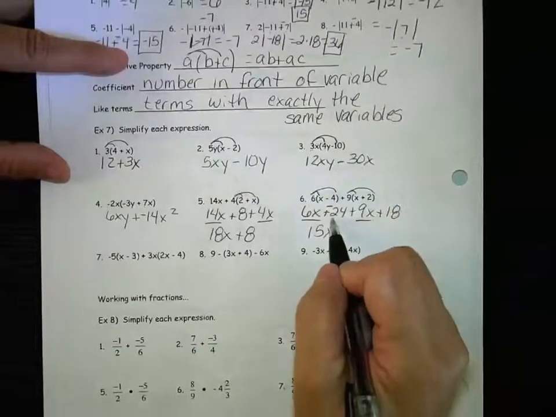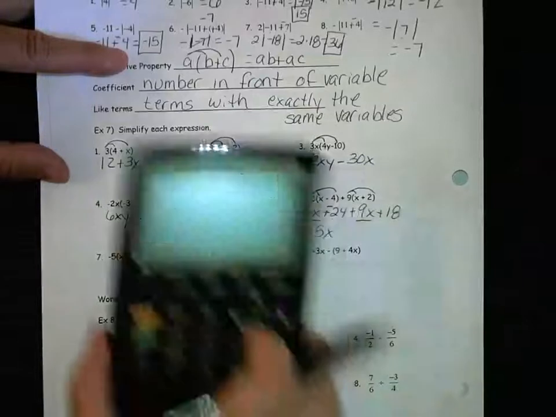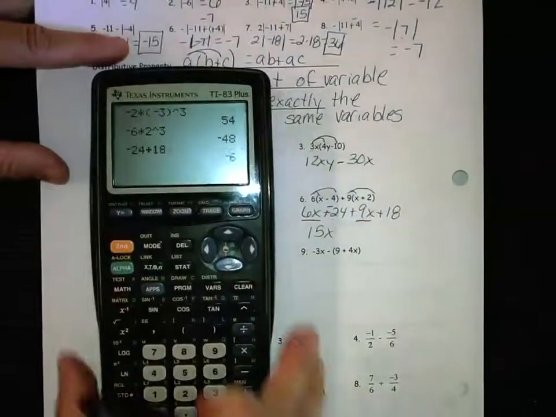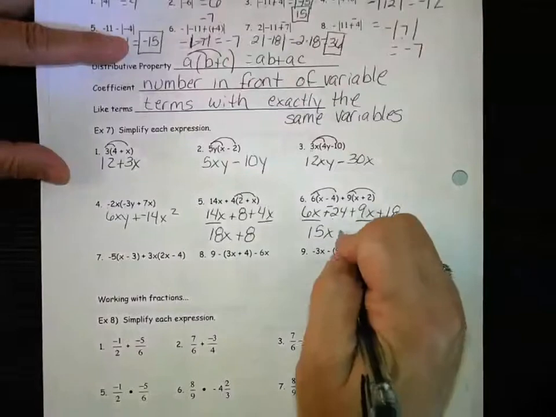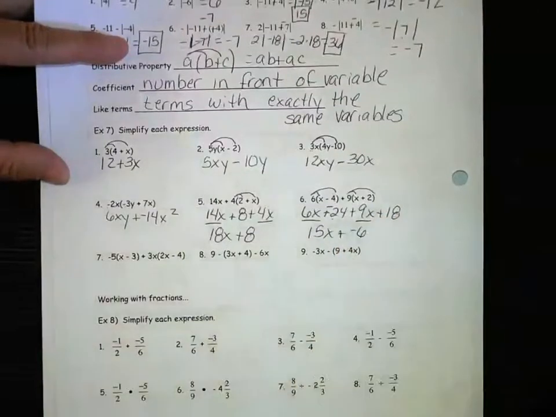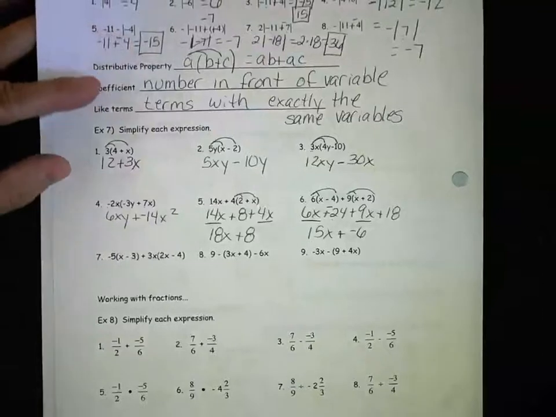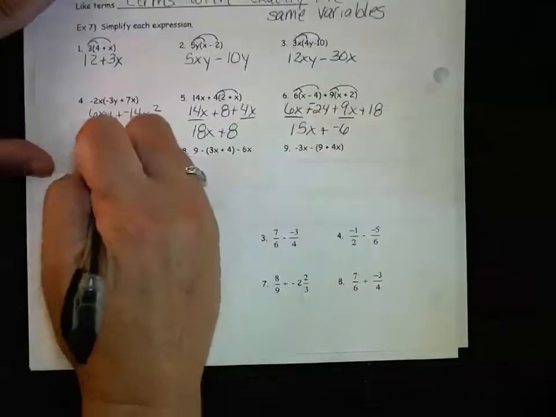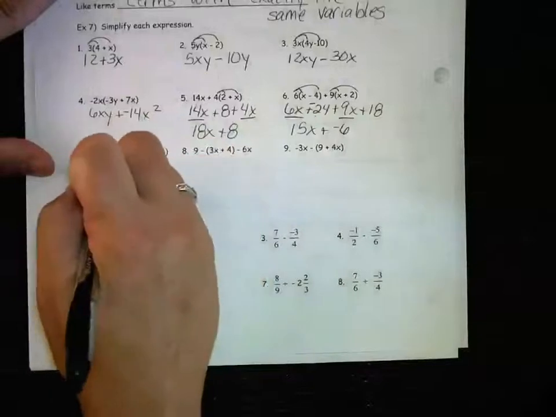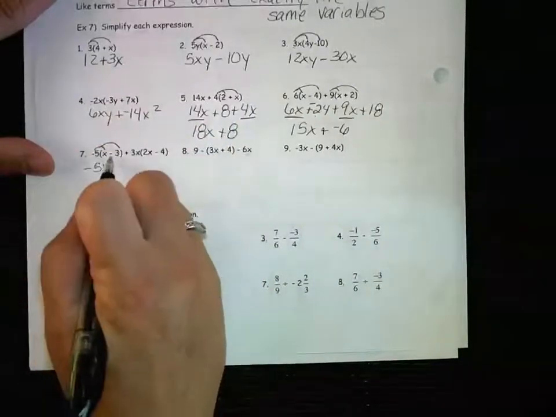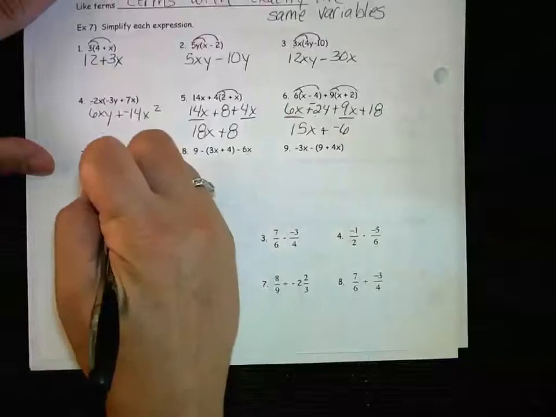Negative 24 plus 18, enter that in my calculator, is a negative 6. And so your answer is 15x plus a negative 6. Next three, distribute. Negative 5x. Negative times a negative is a positive 15.